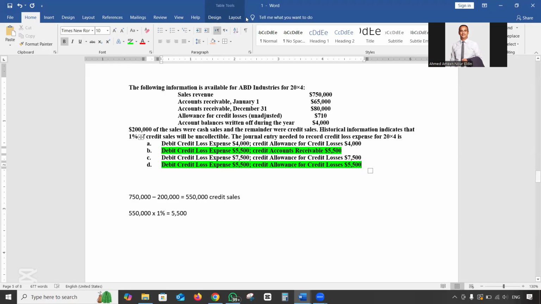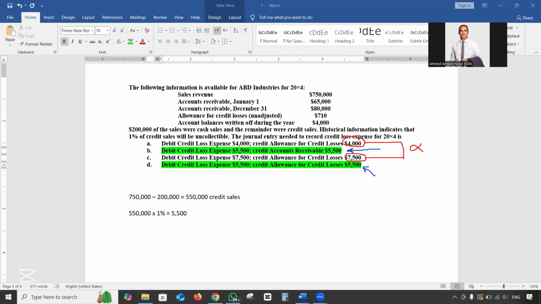You also have to know, and you will use this in any other question, that the amount repeated in answer B and answer D is 5,500, while answer A is only 400 and the other answer is 7,500, which are not repeated amounts.